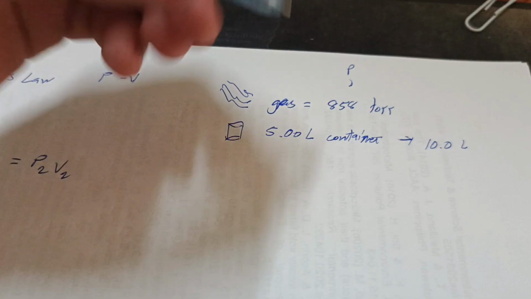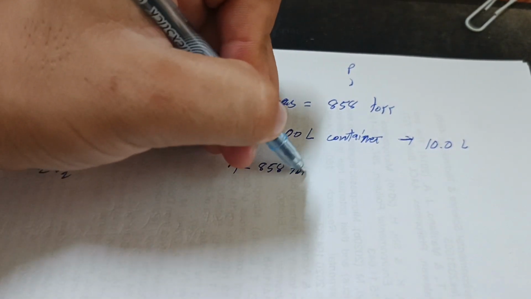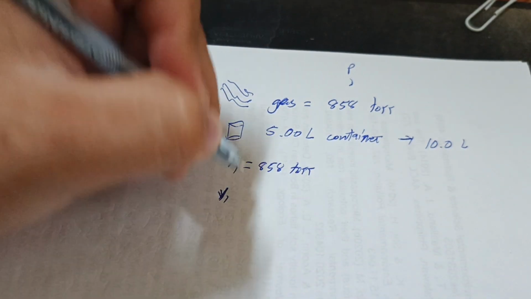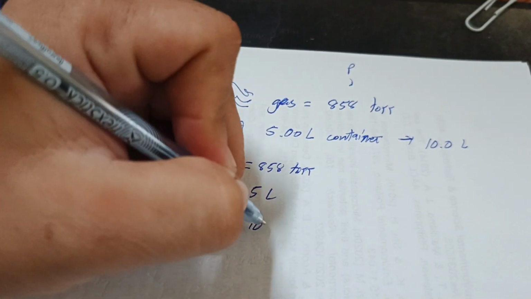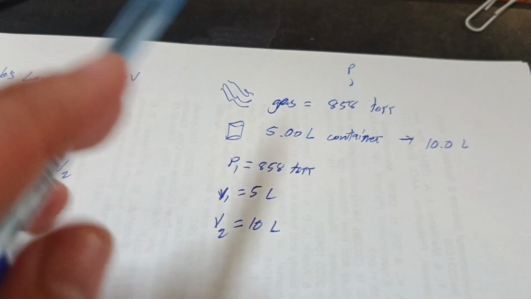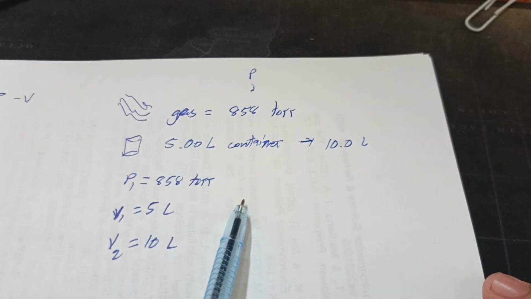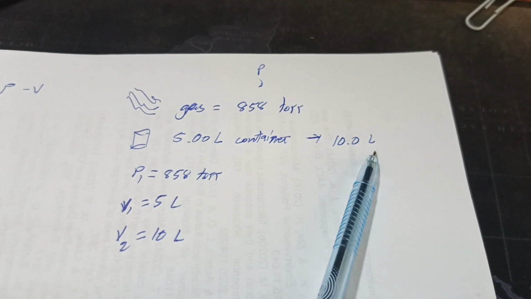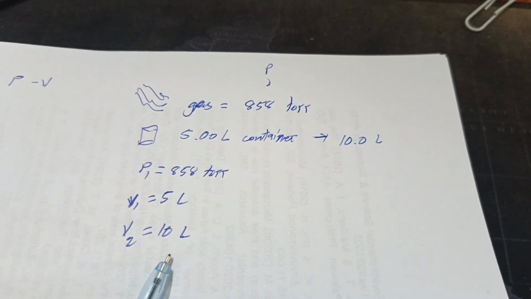So we have here our given initial pressure of 858 torr, an initial volume of 5 liters, and a final volume of 10 liters. Take note that the initial is 5 because there is a transfer from one container, which is 5 liters, to another container that is 10 liters. So therefore, your 10-liter volume is your final volume.